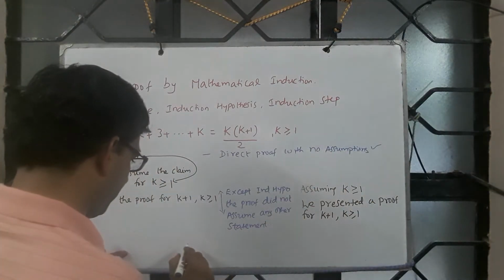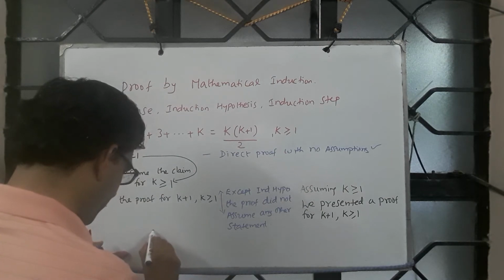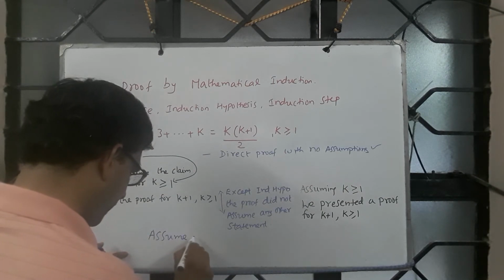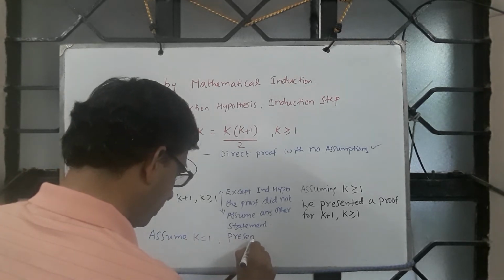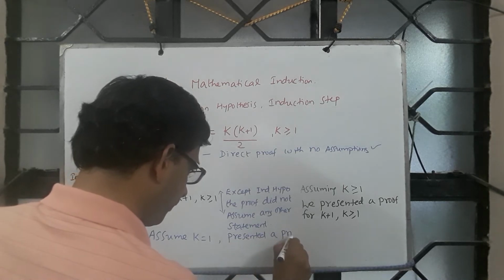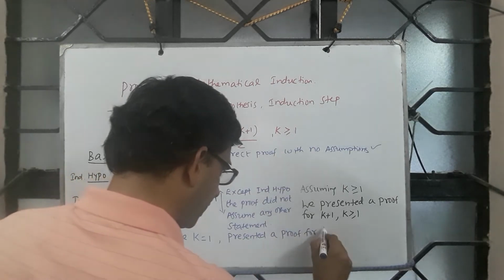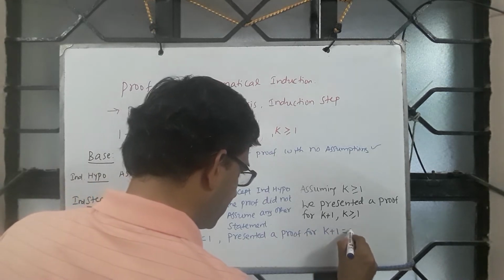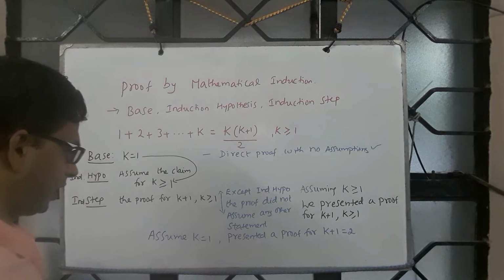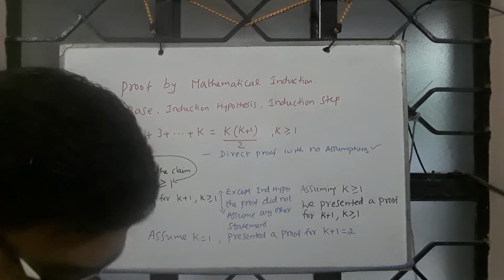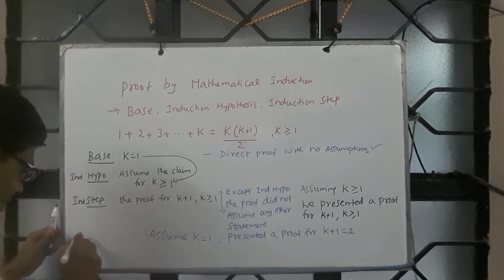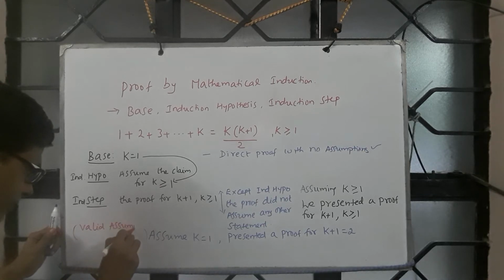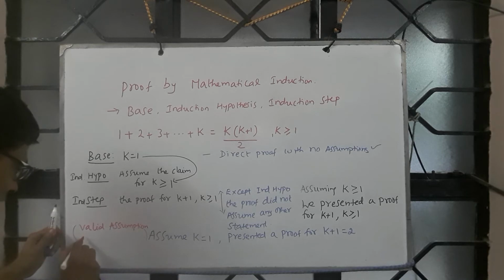Assuming k is at least 1, so assume k equals 1 and we presented a proof for k plus 1, which is 2. Now this one is a valid assumption, because we have established it as part of the base case. This cannot be wrong.